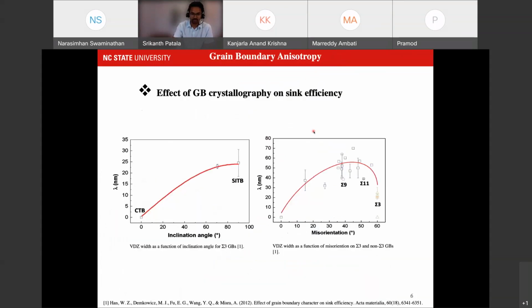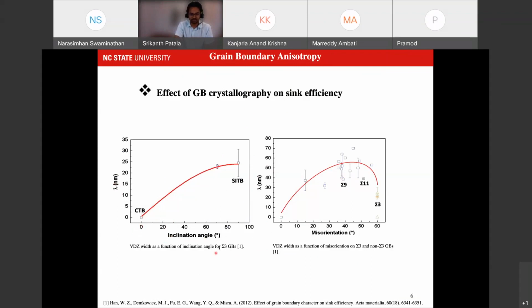If we were to now project it into a lower dimension, and if I were to plot, as an example, the sink efficiency or the void denuded zone width as a function of the inclination angle. Inclination angle here is the angle that the boundary plane makes with the misorientation axis. You see there is a variation, which basically refers to the anisotropy.